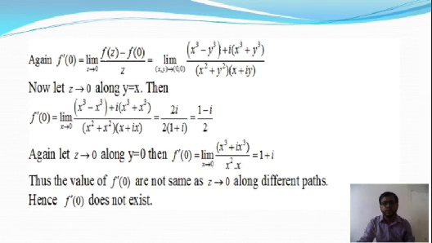So for two different paths, both of which pass through the point (0, 0), we get two different values. That's why I will say f'(z) does not exist at the point (0, 0). That is, the function is not analytic.